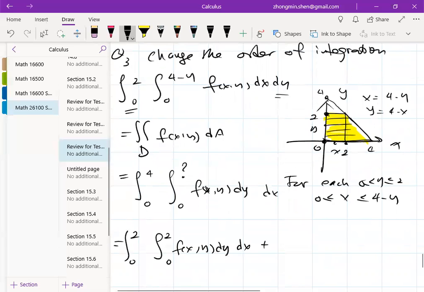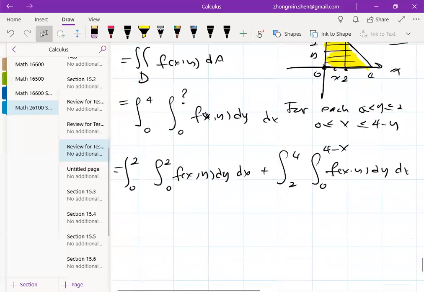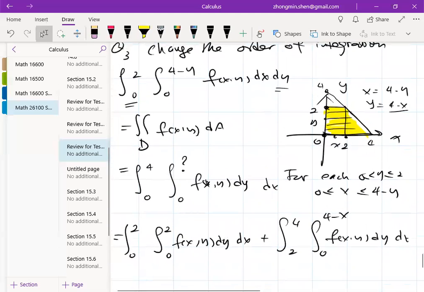But when x is between 2 and 4, you have to use the line: the y value is between 0 and 4 minus x. Without the picture, you cannot get to that point. All right, that's it.